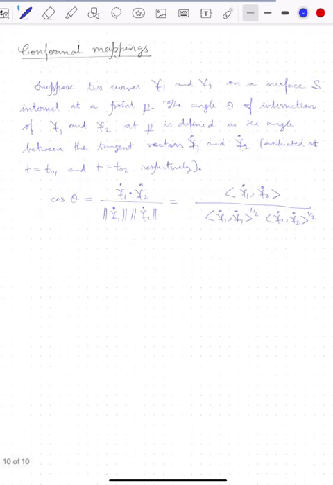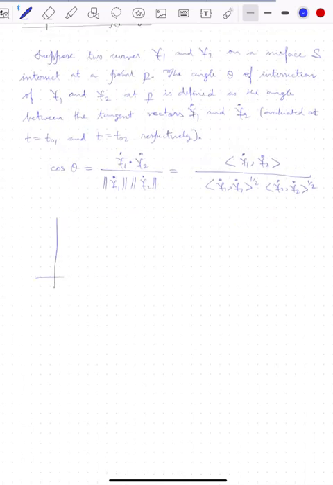Okay, so the idea goes that you have, say, the parametric space, which is UV. This is given by U1 comma V1, and this one is U2 comma V2.